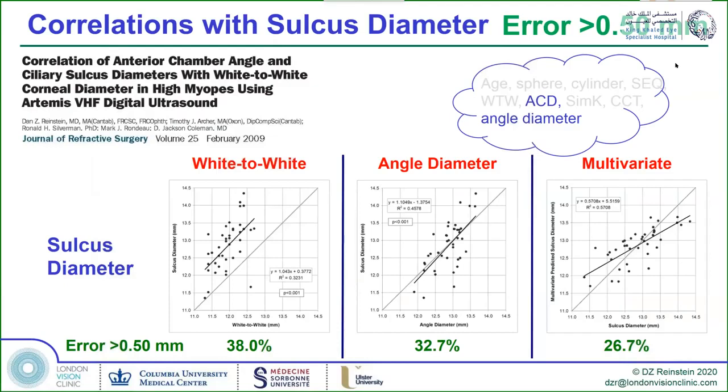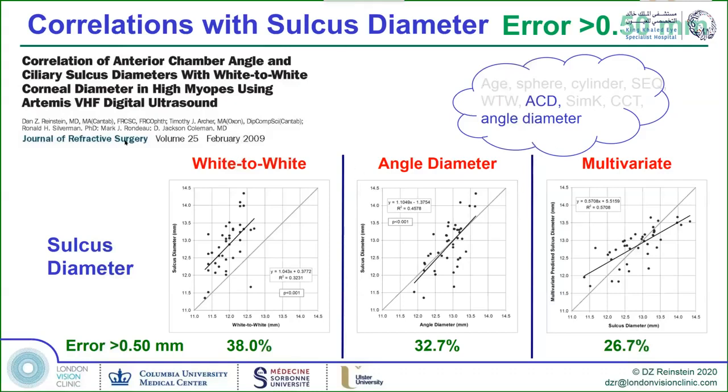If we talk about the probability of predicting the sulcus diameter within 0.5 millimeter, so that the lens that you choose will be that lens. If you are outside of 0.5 millimeter in your predicting, you'll choose a different lens, right? So the error has to be less than 0.5 millimeter for the sulcus prediction from the white to white.